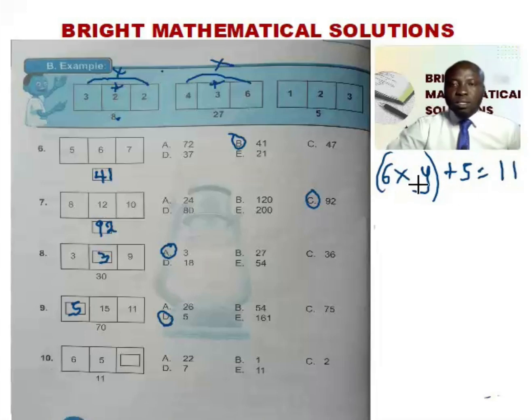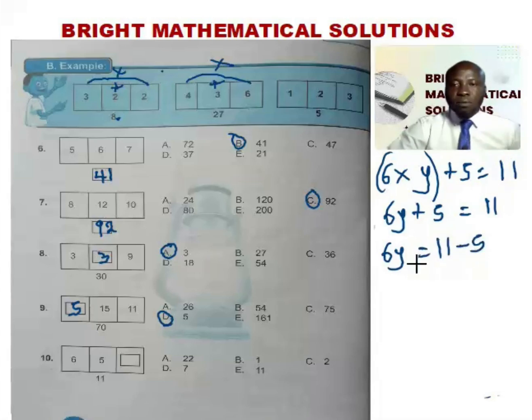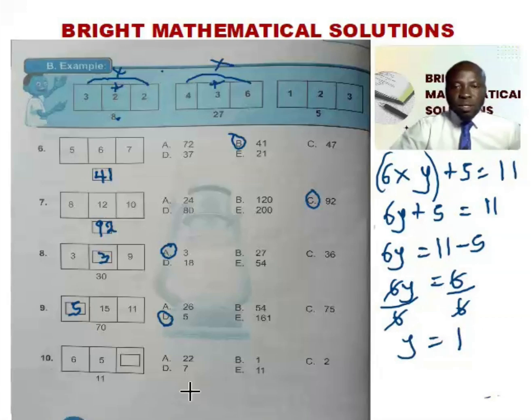So 6 multiplied by y gives 6y plus 5 equals 11. So 6y equals 11 minus 5. So 6y equals 6. If you divide both sides by 6, y equals 1. So our answer here is B. The missing number here is 1.